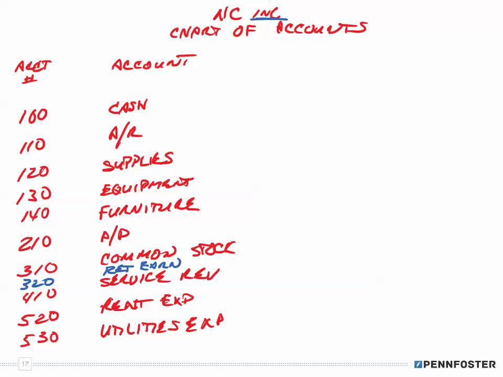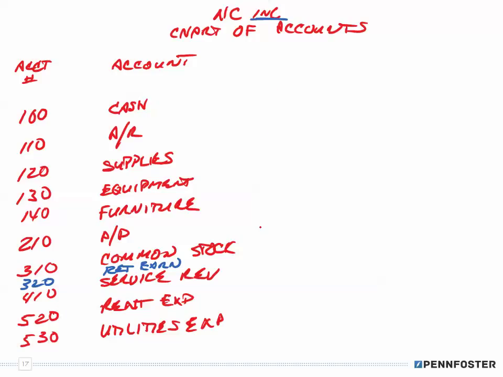For example, if I want to put in payroll, I'm going to want to put it before account 520. If I made rent expense 500, I can't stick the payroll before rent expense, because I can't go any lower than 500. So I want a little bit more wiggle room, and so I would number rent expense like 520. Okay, so that's what my chart of accounts is going to look like.